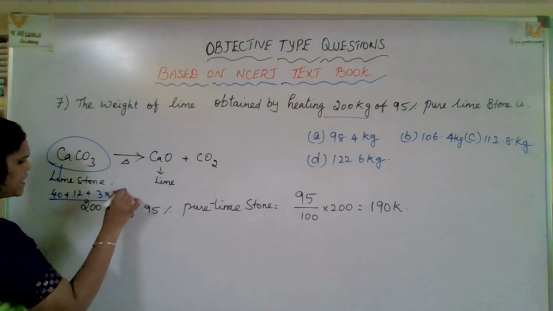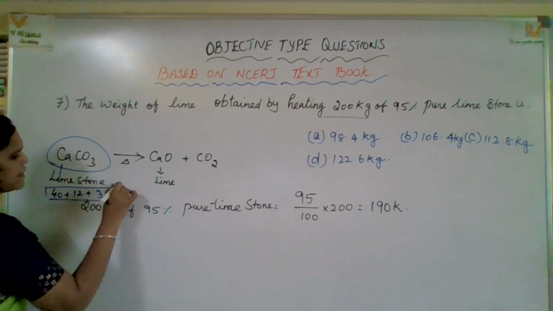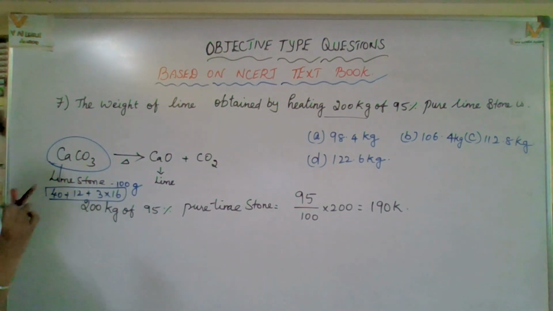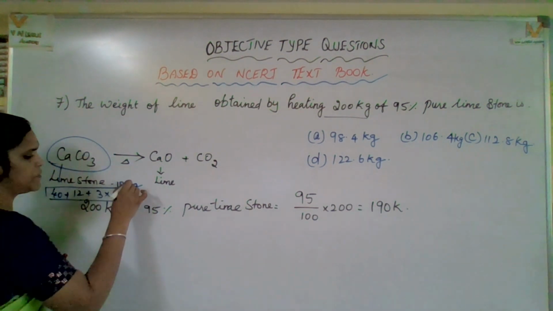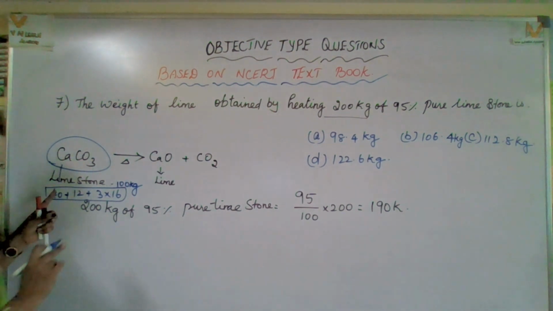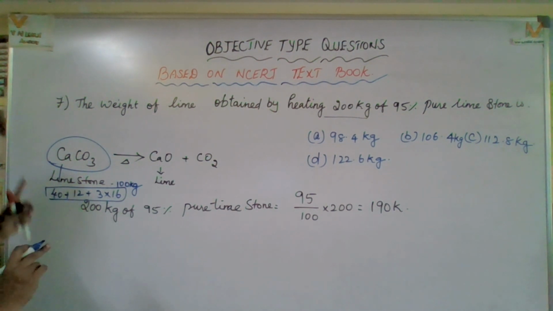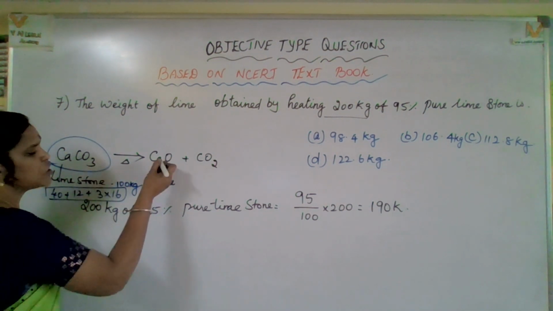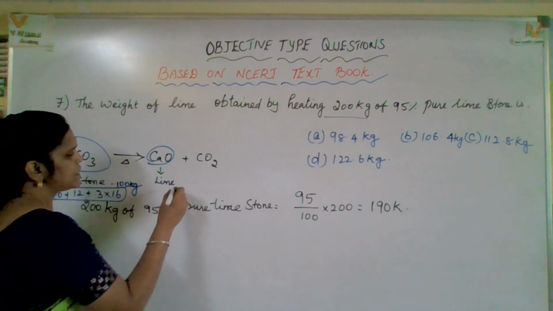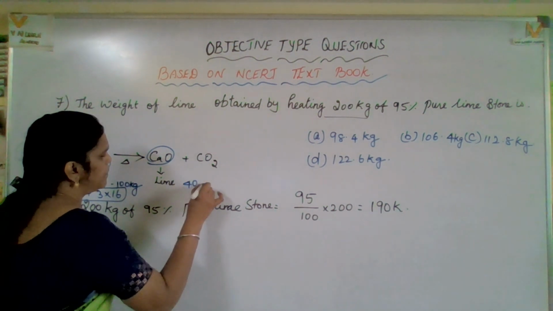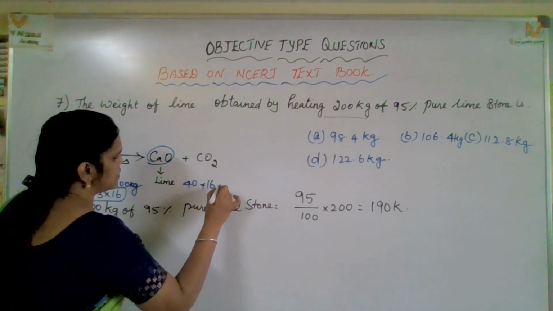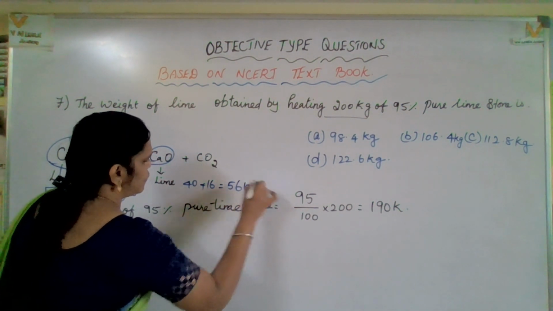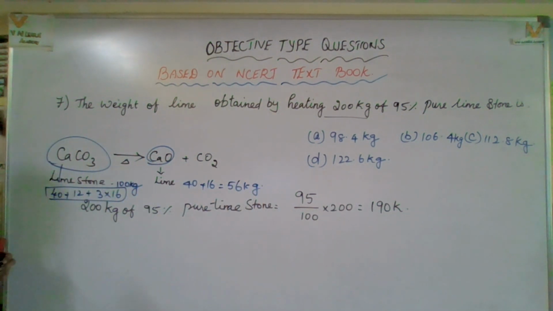So altogether how much? 100 grams of calcium carbonate. We'll keep kg also because this is also kg. So 100 kg of calcium carbonate, that is limestone, on heating can produce how much lime? Calcium is 40 plus oxygen is 16. So altogether 56 kg of lime.